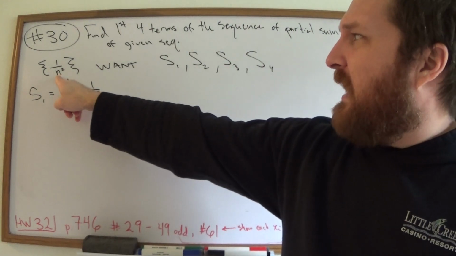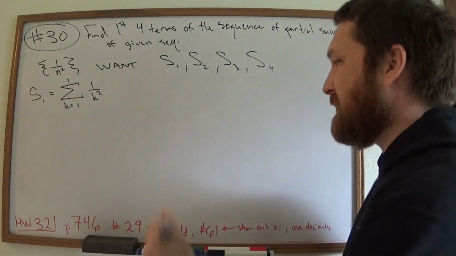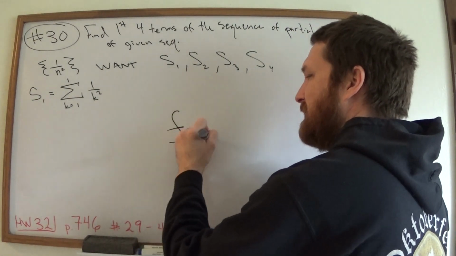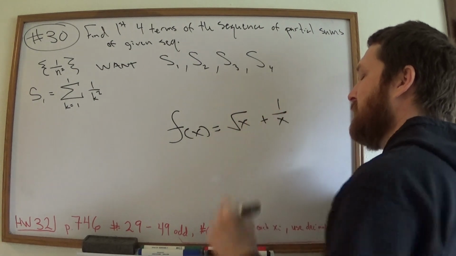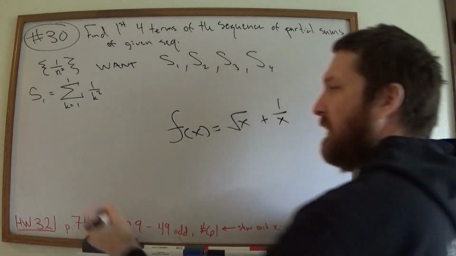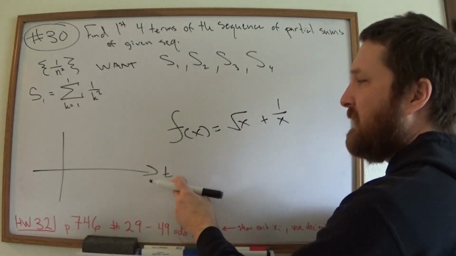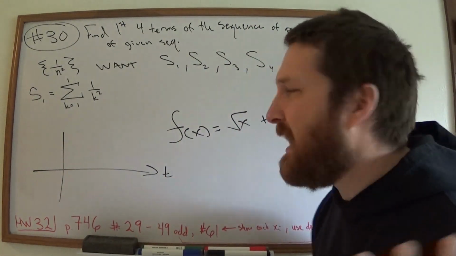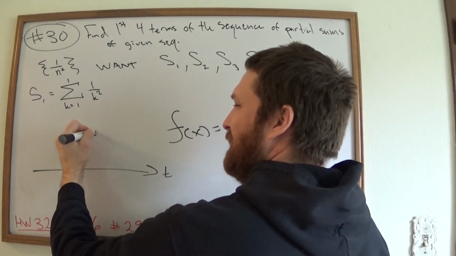It's like, oh, but that's an n. Yeah, I used a dummy variable. That would be like if I have some f of x equals root x plus 1 over x, and I say I graph this thing. But then I say, okay, I'm going to graph it on the t-axis because maybe I'm thinking about this in terms of time. And so I don't graph the x, I graph the t. I'm graphing f of t.